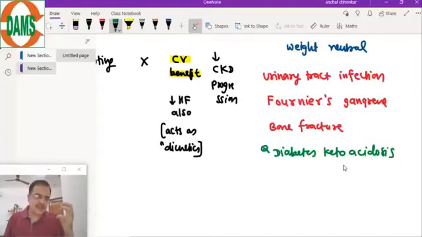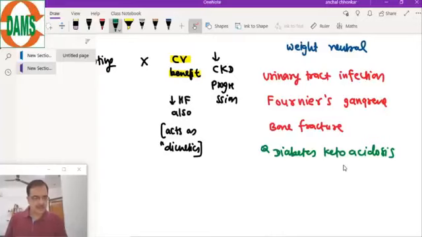This is, you can say, a paradoxical effect. The drug in diabetes causes diabetic ketoacidosis. Answer is the SGLT inhibitors. And why they are causing diabetic ketoacidosis, we will discuss in the diabetic ketoacidosis section.